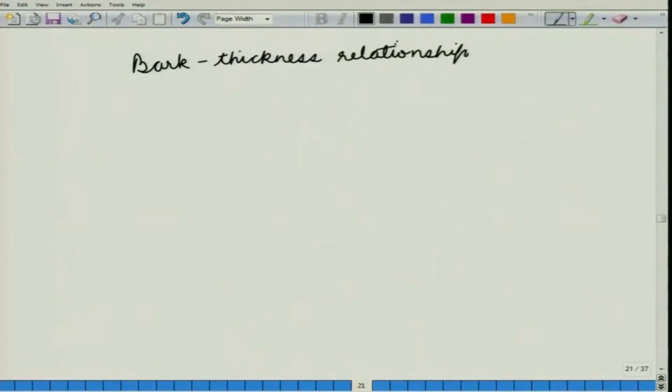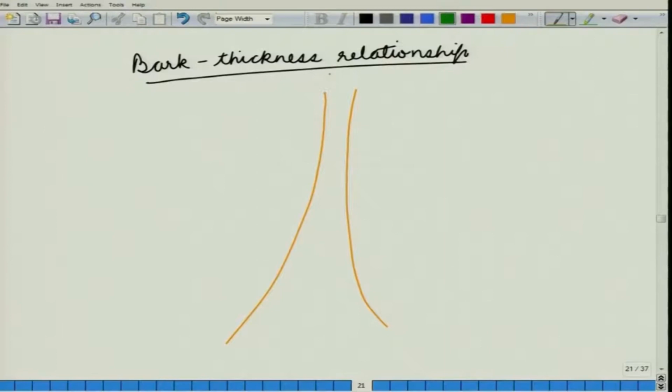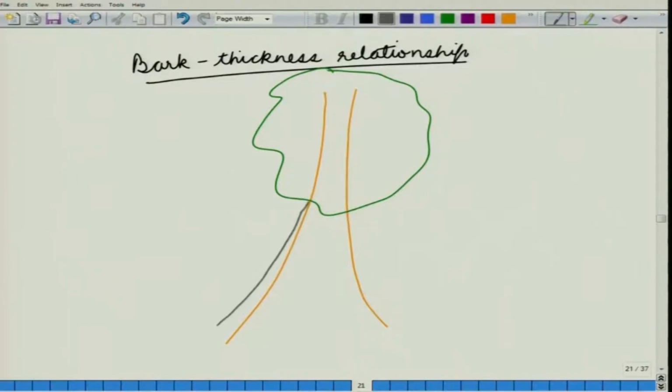Bark thickness relationship. What we mean by a bark thickness relationship is, consider a tree, and this tree is having bark. So, does the amount of bark decrease as we go up?